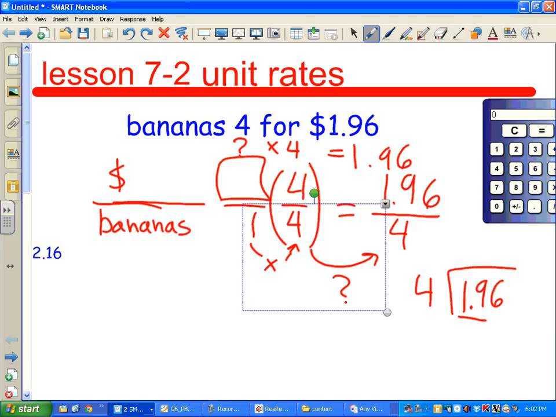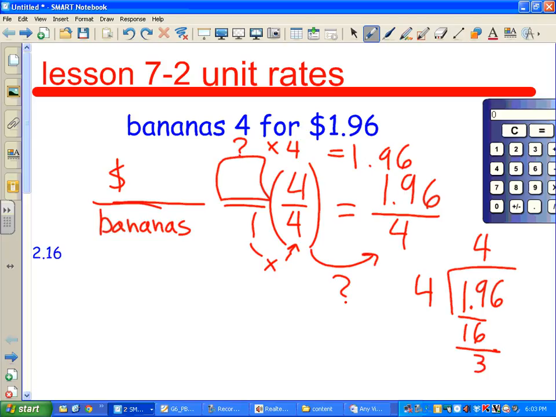4 goes into 19. Almost how many times? Almost 5, but we need to do one less than that because if we do 5, we'll get 20. So we do 4. And 4 times 4 gives me 16. I get 3 left over.